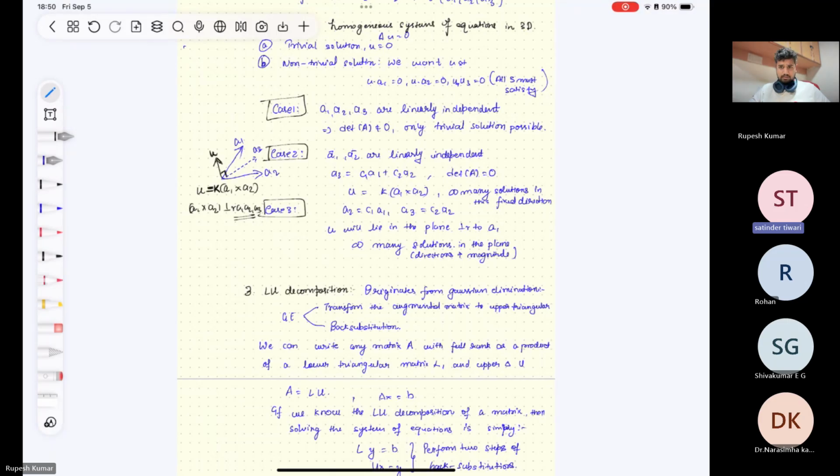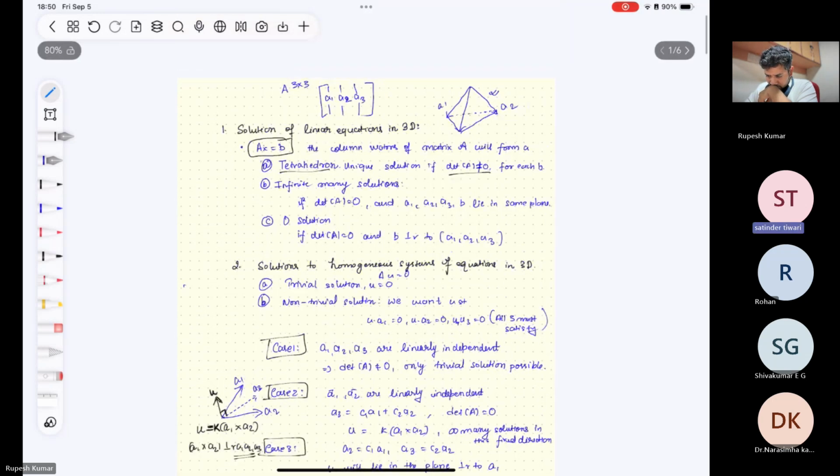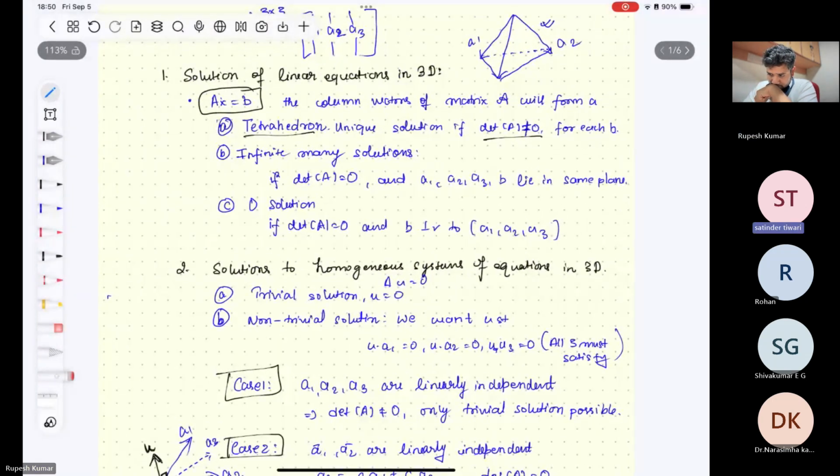Excuse me, sir. We have two cases now. One case is AX equal to B. So if in the A matrix the A1, A2 vectors are linearly dependent, in that case we are going to get no solution or infinitely many solutions, right?